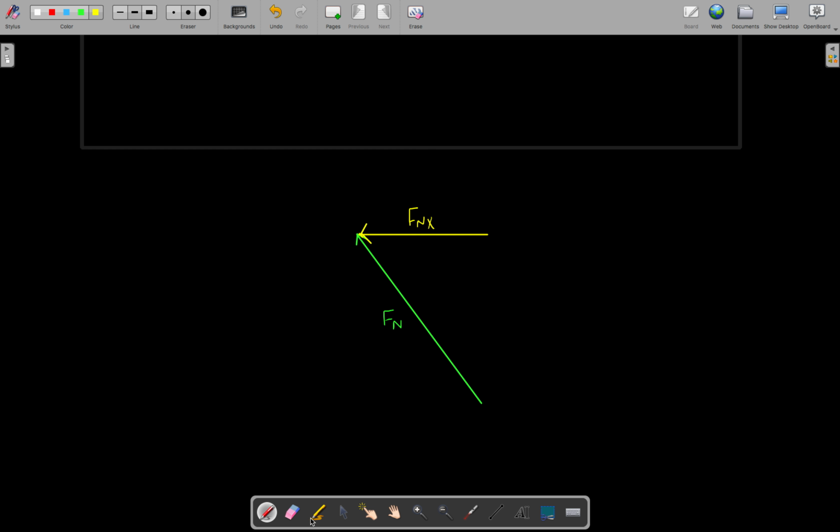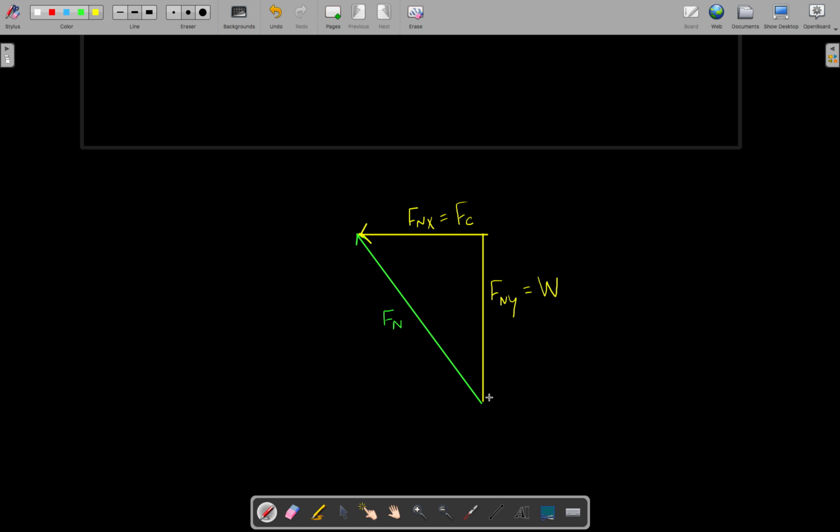And it's also going vertically upwards. You can see the normal force is also pointing upwards in addition to pointing leftwards. So that's labeled like this, and we're going to label this as force normal y. Now keep in mind that your force normal x is equivalent to your centripetal force, and that your force normal y is equivalent to your weight.